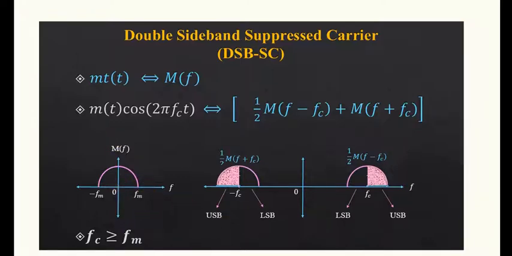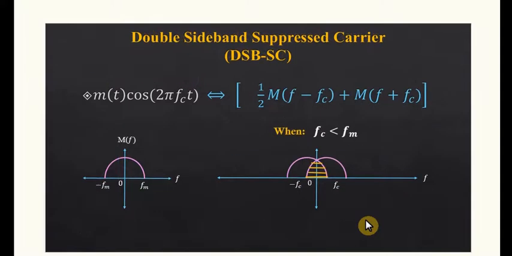If Fc is less than Fm, there will be an overlap between the sidebands, as shown in this figure. If so, there will be distortion and we cannot retrieve the message signal correctly as a result.